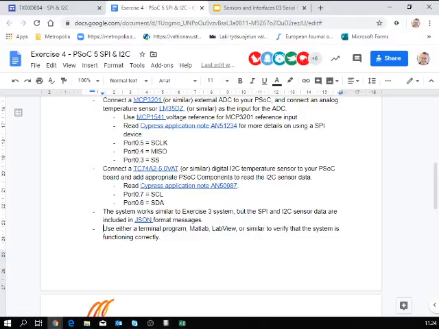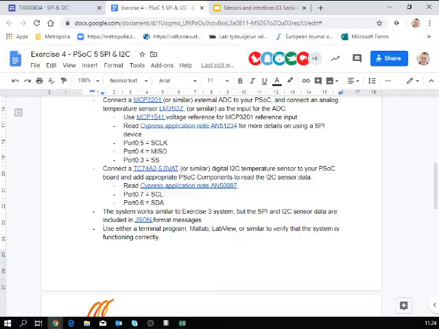And actually, as a signal, you can then connect this analog sensor also to that one. So you take the analog sensor, you still have a connection to the analog A to D converter of the PSOC, but also to this external A to D converter. Then you can basically compare which one is better.